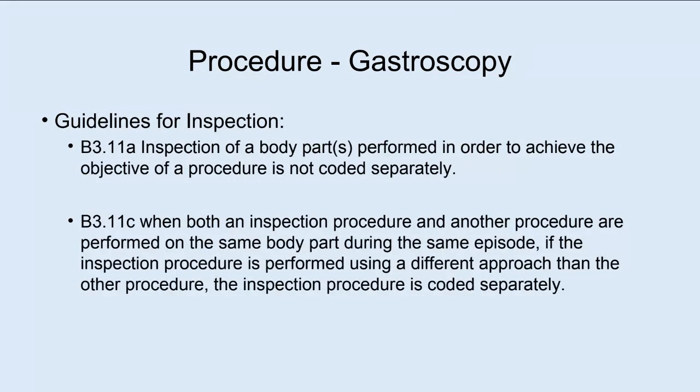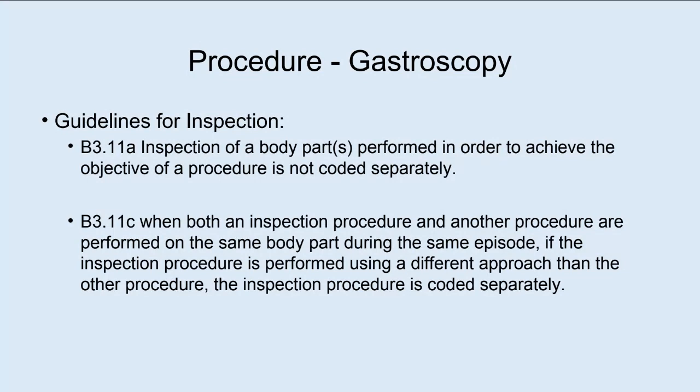So are there guidelines related to the root operation inspection? Yes, there are. Guideline B3.11a: inspection of body parts performed in order to achieve the objective of a procedure is not coded separately. Sometimes providers will document an inspection or an exploratory procedure, but also a procedure such as a biopsy or excision.